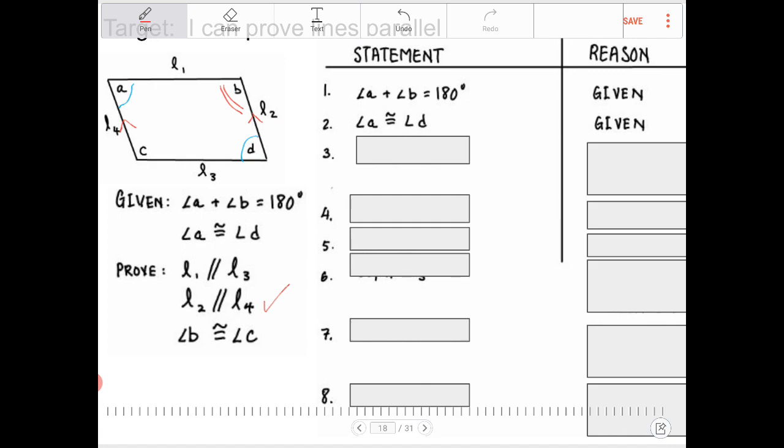And B and D, being that they are consecutive interior angles, by the same reason, we can then conclude that lines 1 and 3 are also parallel.